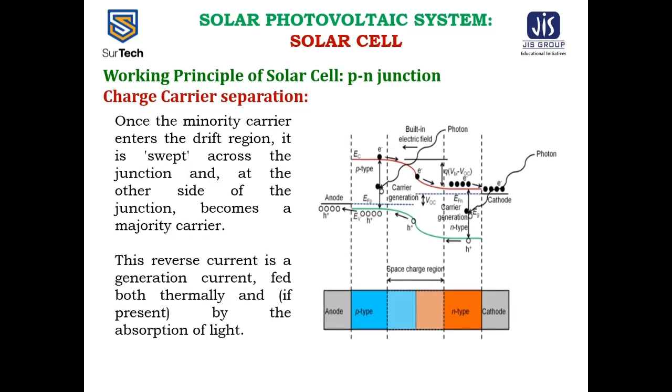Once the minority carrier enters the drift region, it is swept across the junction, and at the other side of the junction becomes a majority carrier. This reverse current is a generation current, fed both thermally and by the absorption of light.